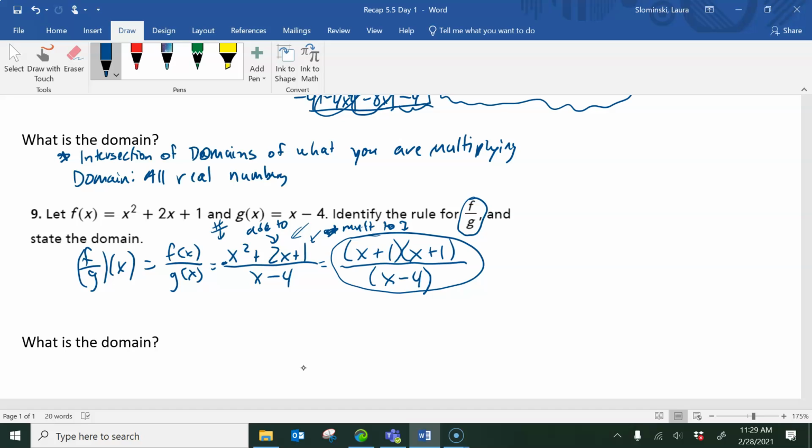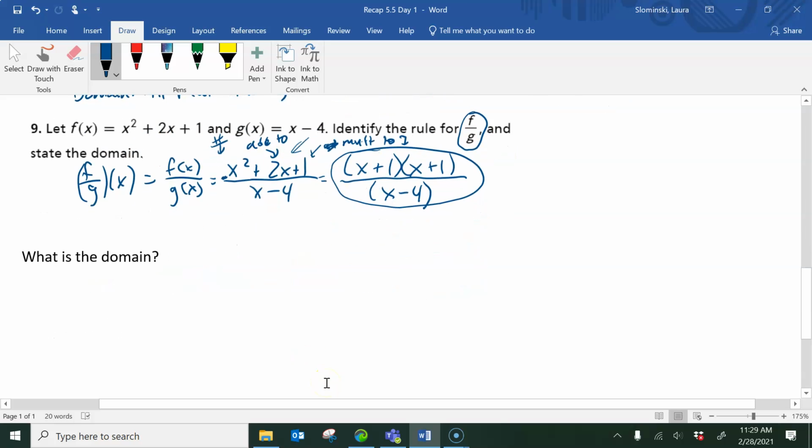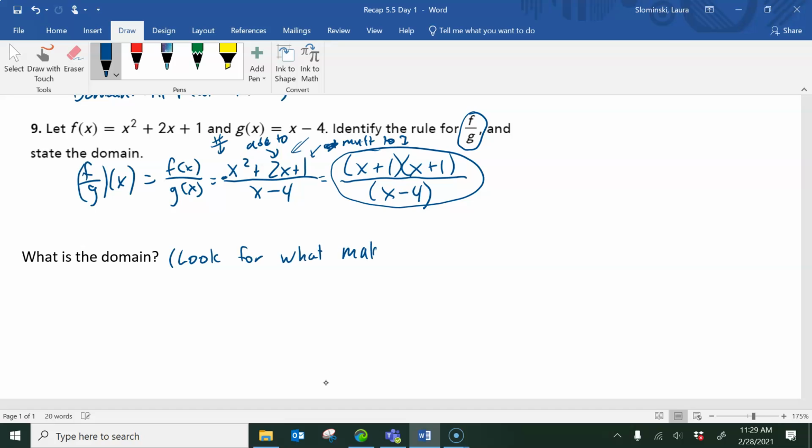And then finally, the domain. When we're talking about fractions, for the domain we have to look for what makes the denominator 0, and x can't equal that.